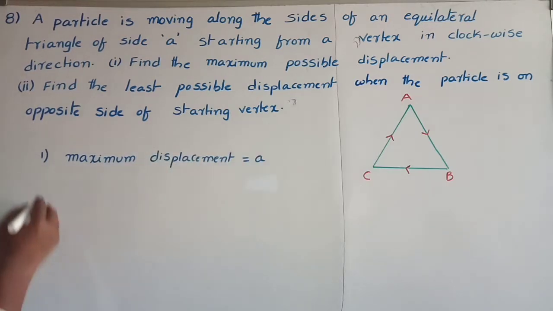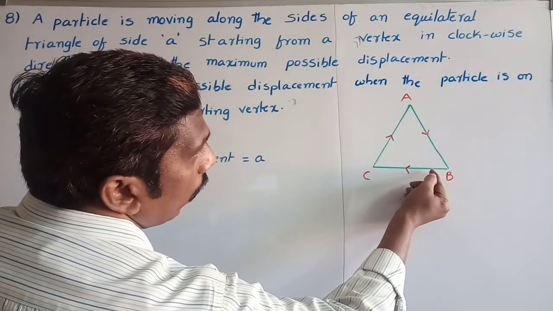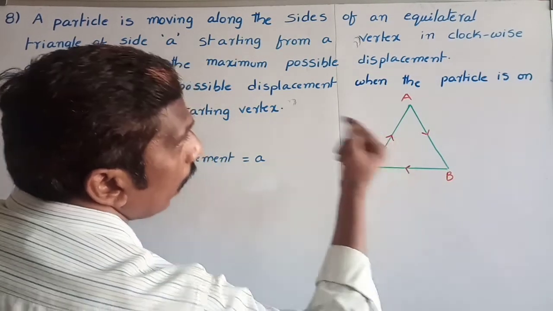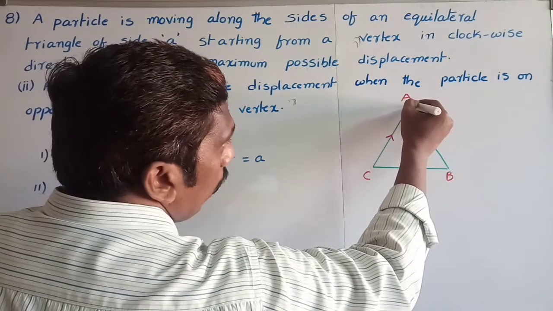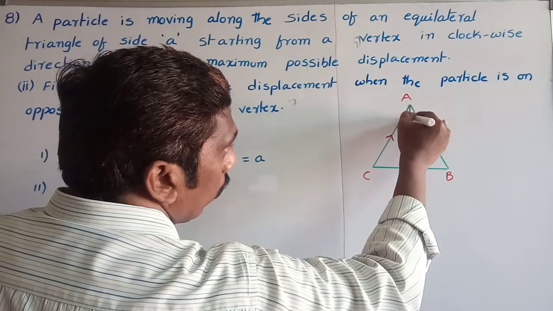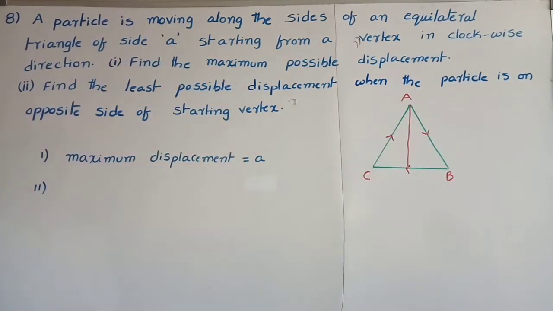And second bit, find the least possible displacement when the particle is on the opposite side. Here, the particle is again traveling in this direction. If it reaches exactly the opposite point to A, then this is the least possible displacement.